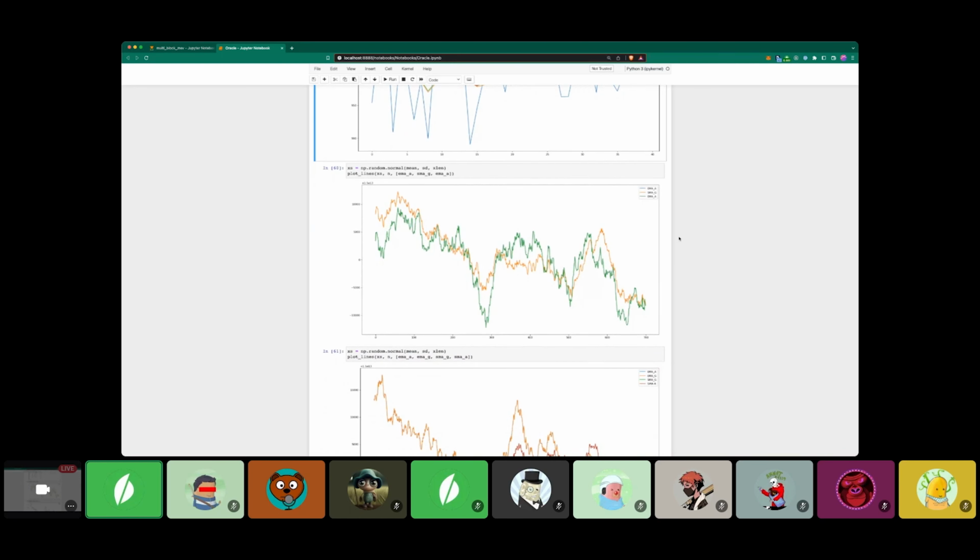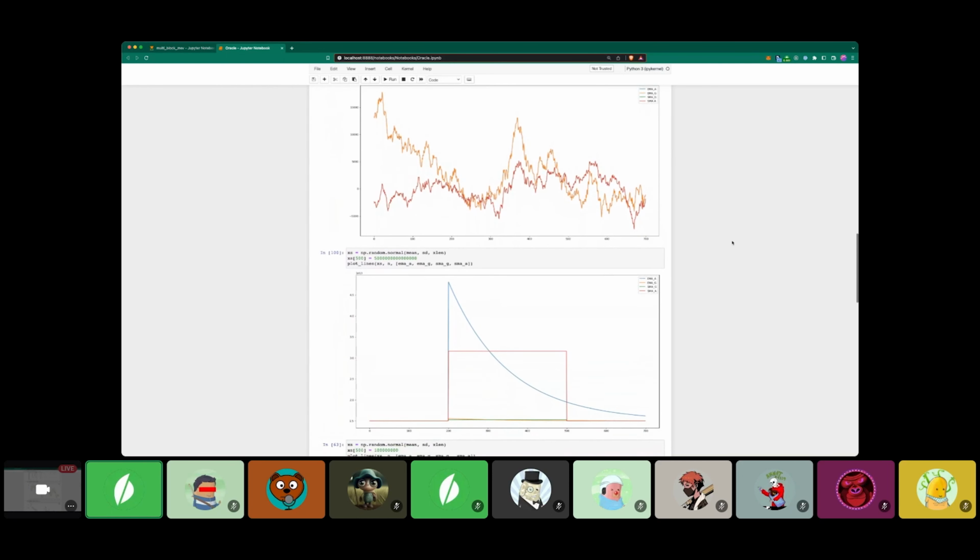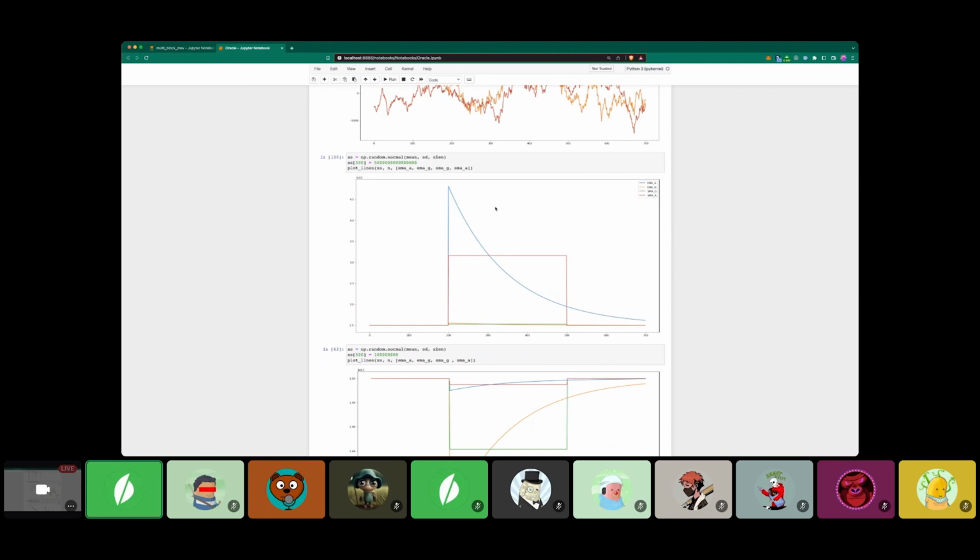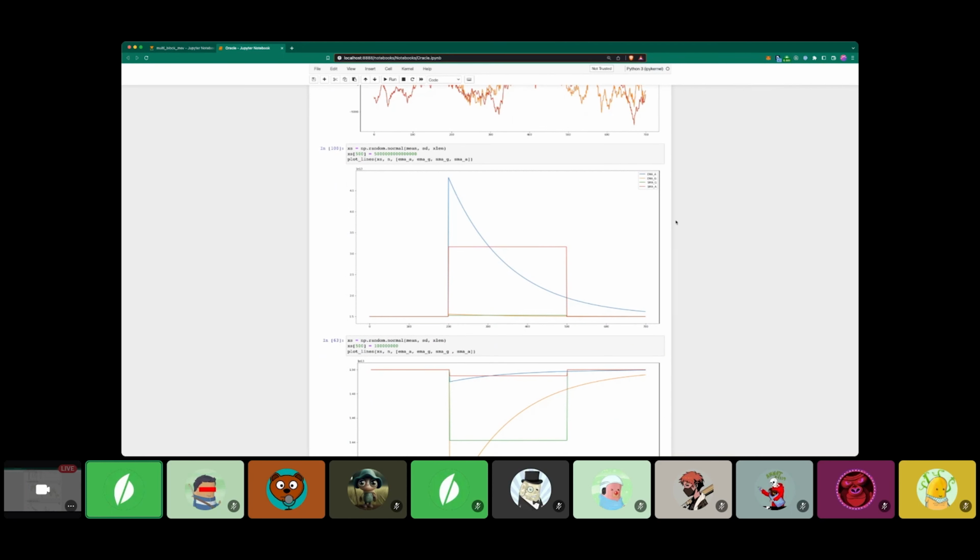Here's just another graph showcasing some differences between them. So this one is quite interesting. This one is a one-block or two-block MEV manipulation where someone just moves one of the balances in the oracle to be something arbitrarily large.